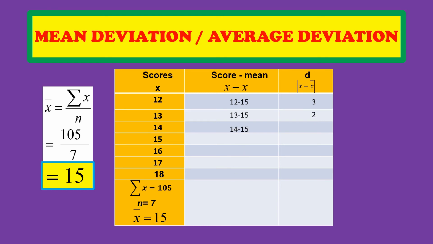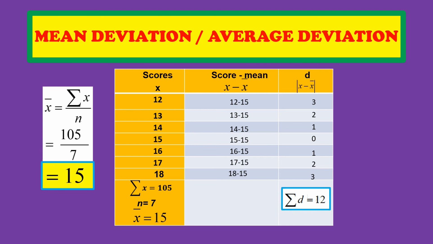Then 14 minus 15, that is 1. 15 minus 15 is 0. 16 minus 15 is 1. Then 17 minus 15 is 2. And 18 minus 15 is 3. Now we need to find the summation of the absolute value of the score minus the mean, or the summation of d. So the summation of d is 12.